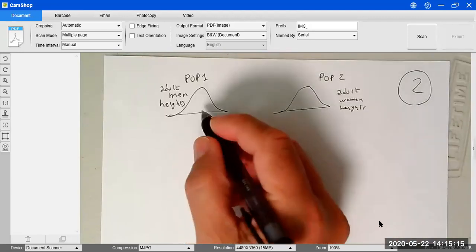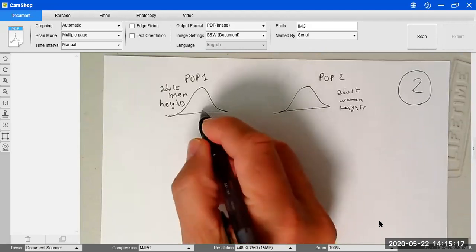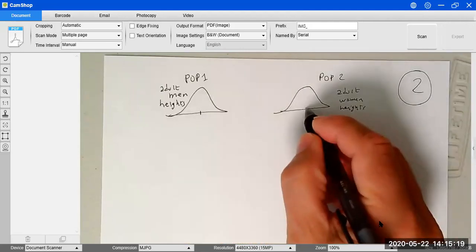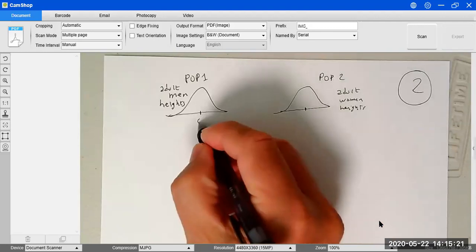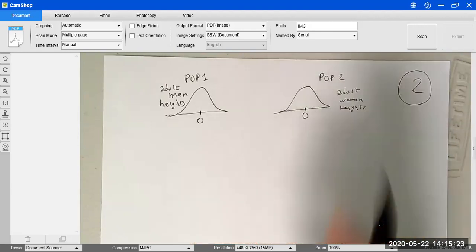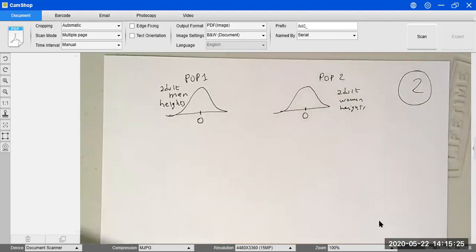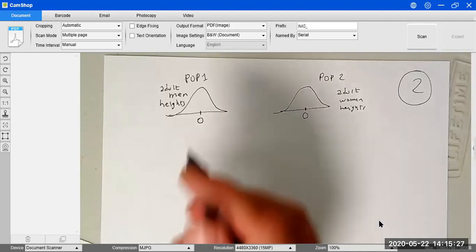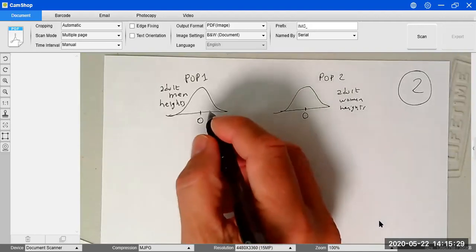Then we have the mean for each population, which when you use z-scores is always 0, and you only need to write where the z-score is the one that you found.